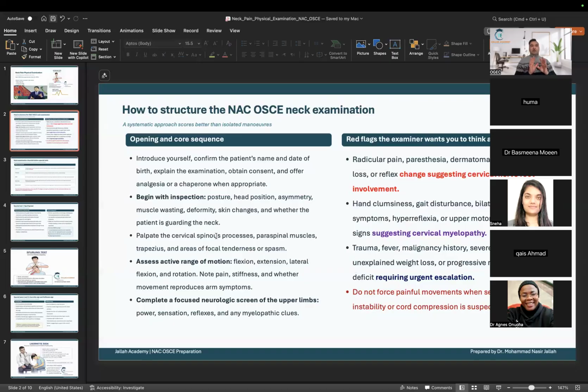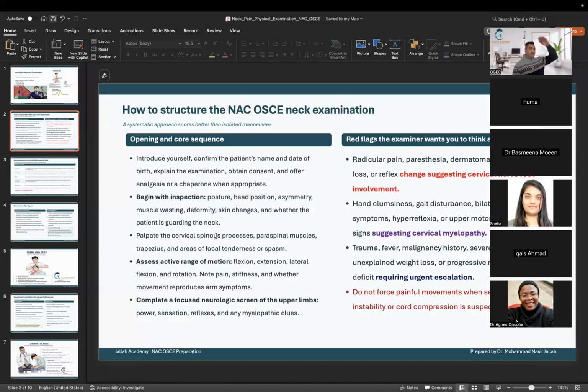So in order to get 5 out of 5, it is your job to go around, not the patient's to move around for you. Why? Because we always say, I will try my best to keep you as comfortable as possible. If I ask my patient to turn left, turn right, turn around, obviously he's not comfortable with that. If I am the one who moves around, my patient is comfortable.